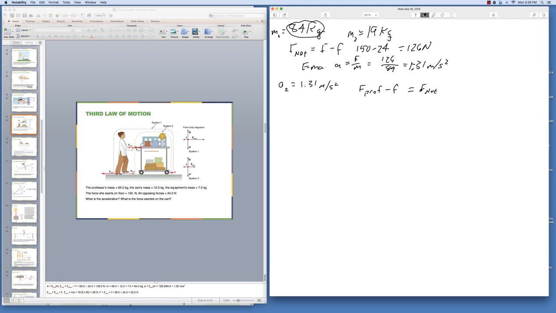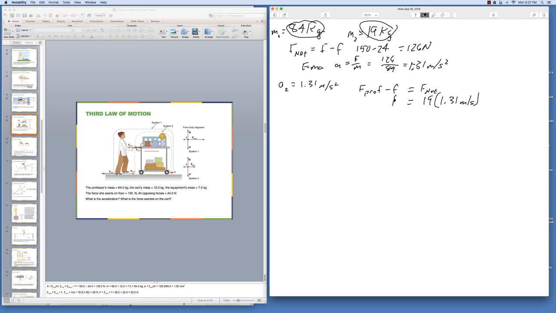And so what we have now is the 19 kilograms, which is acted on by this net force and leads to the acceleration. So we have 19 kilograms times 1.31 meters per second squared, okay?